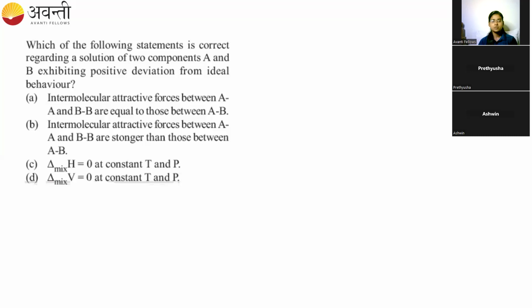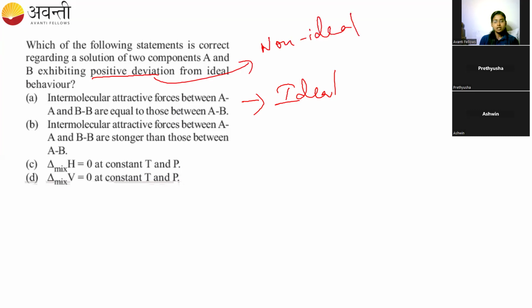Intermolecular attractive forces between A and A are equal to those between A and B. This statement is for ideal. But we are asked about positive deviation, which means the solution is non-ideal. So for non-ideal, the intermolecular attractive forces AA and BB are stronger than those between A and B. So option B is the correct answer.